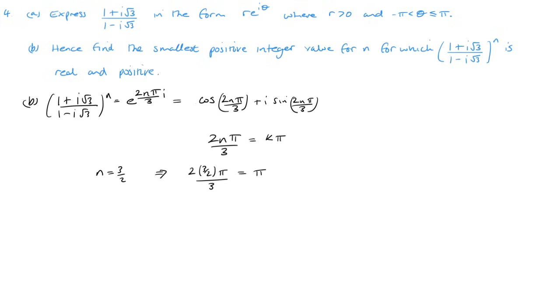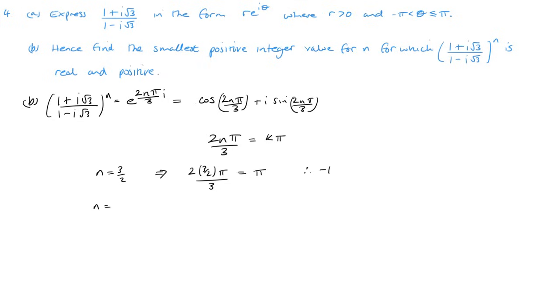Now the sine of that is obviously 0, sine of pi is 0, cos of pi is minus 1. So therefore minus 1, which is real but not positive. So let's look at the next value of n that we can substitute in.